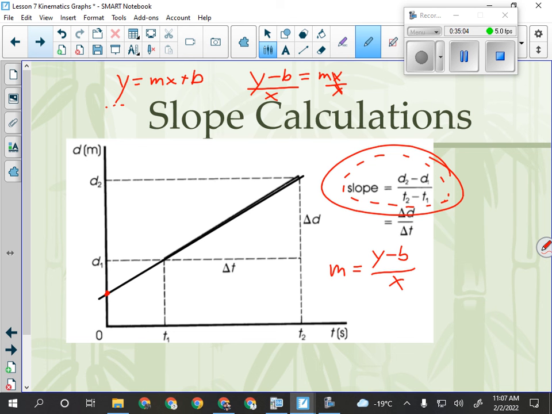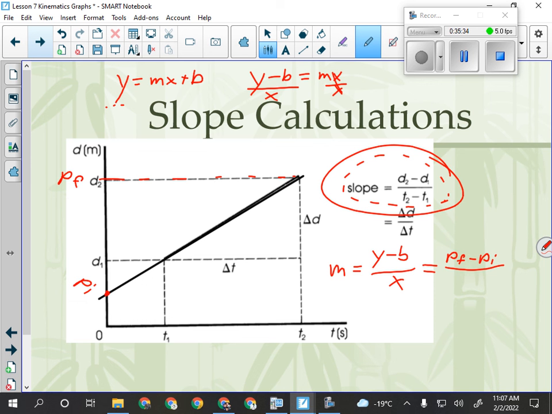And it's not a matter of memorizing it. It's a matter of looking at this and going, all right, on the y-axis is position. So when I say y minus b, what I'm really doing is going final position minus initial position. This value here would be my final position. This value here, b, is my initial position.